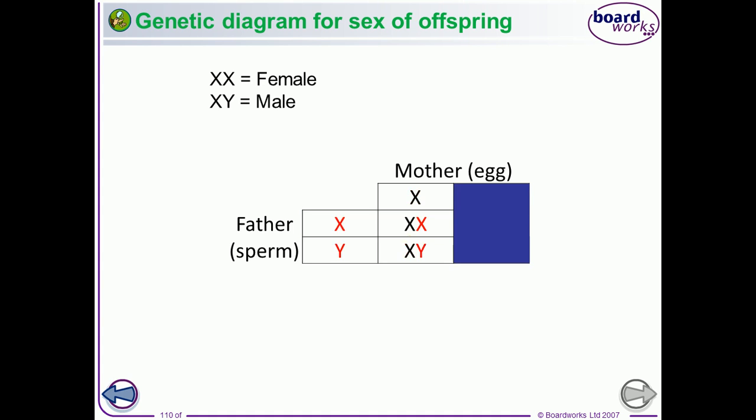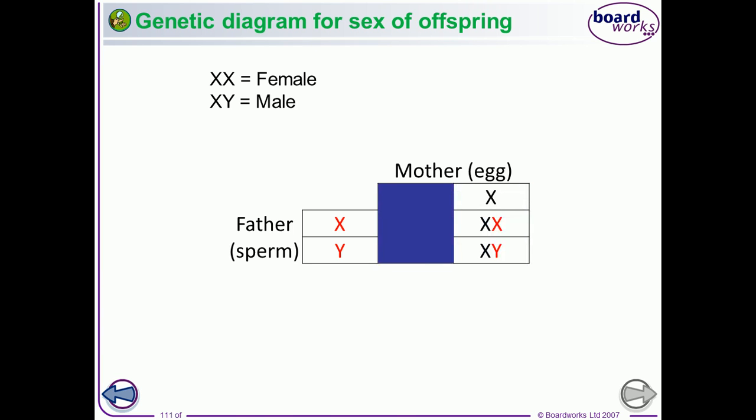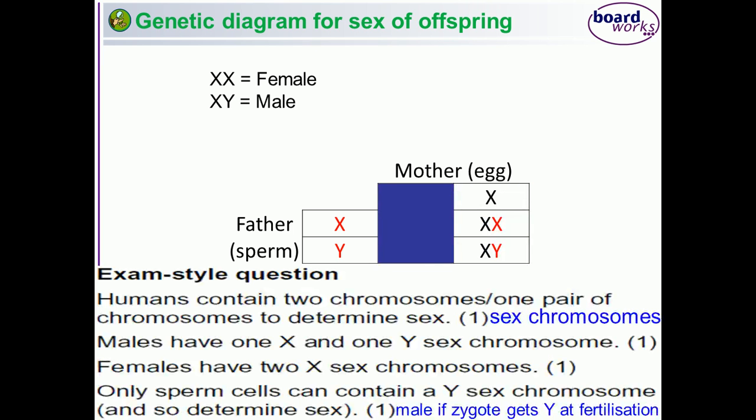If the mother gives an X chromosome in its egg, the father's sperm could either contain an X chromosome or it could contain a Y chromosome. So therefore, it can have an effect on whether the offspring is male or female. So in this question, you should recognize that humans contain two sex chromosomes that determine the sex of the offspring.